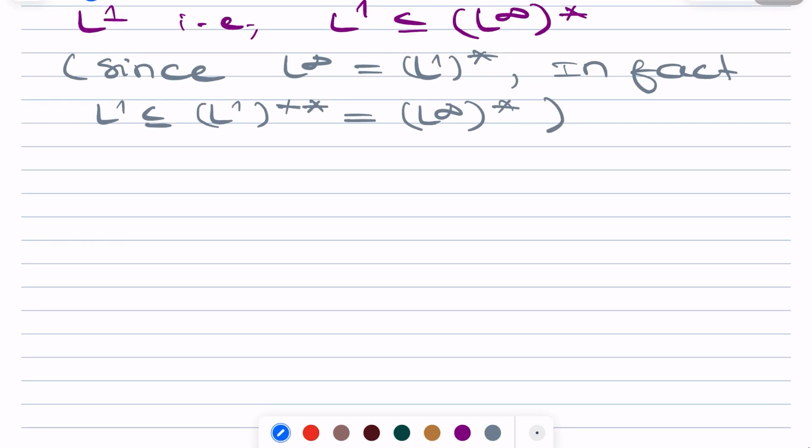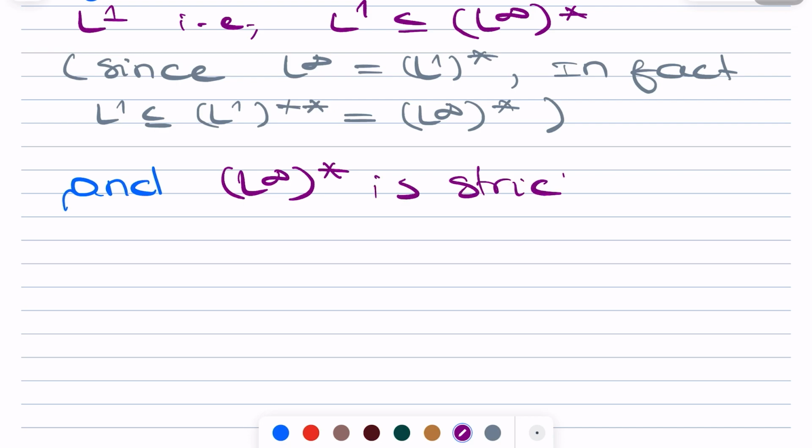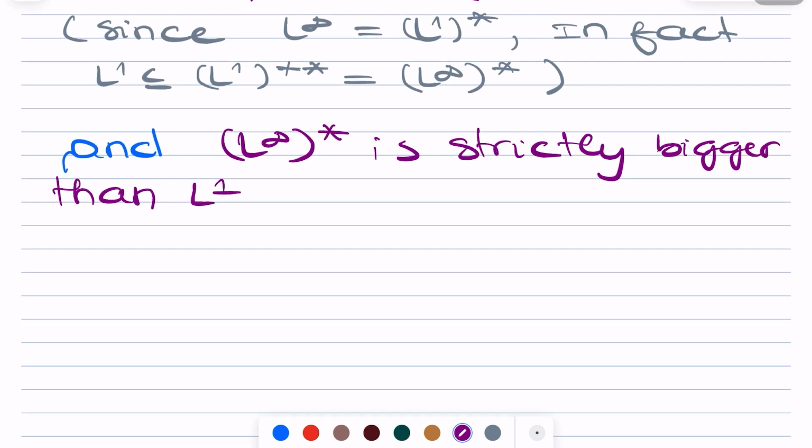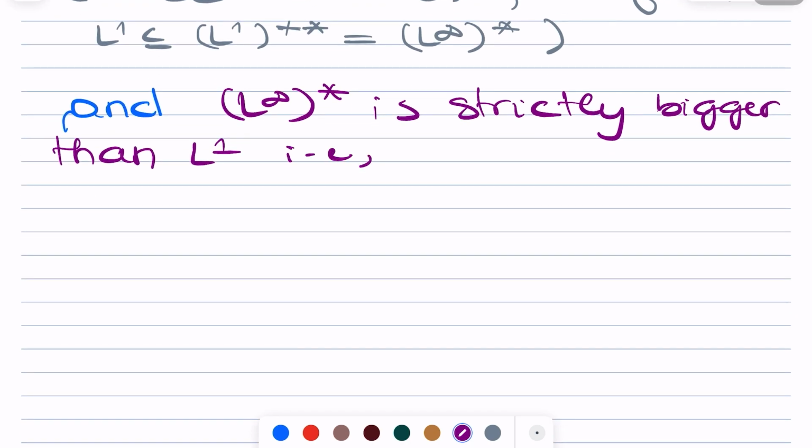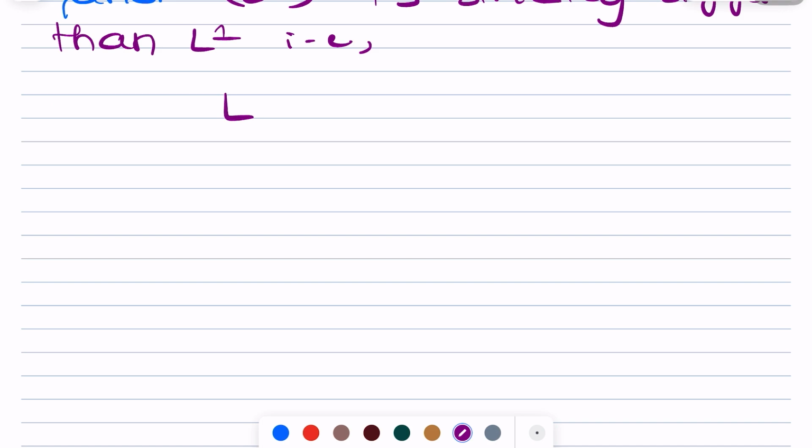And the dual is even strictly bigger than L1, so this means L1 is strictly contained in L infinity star.